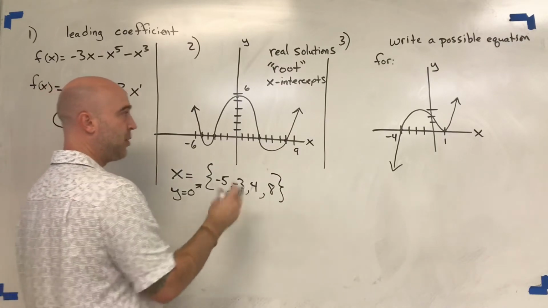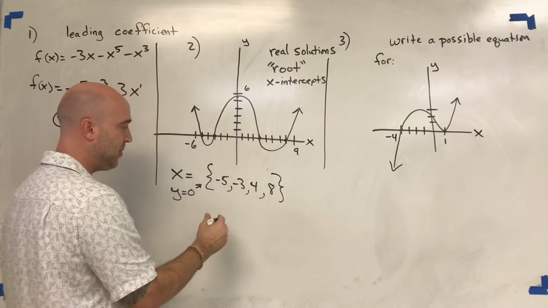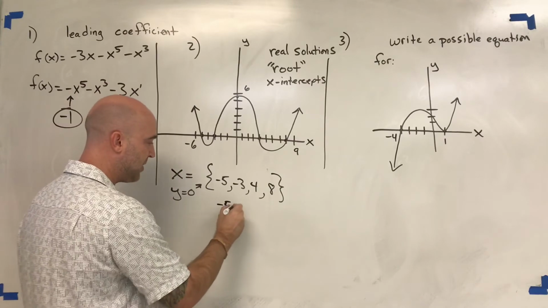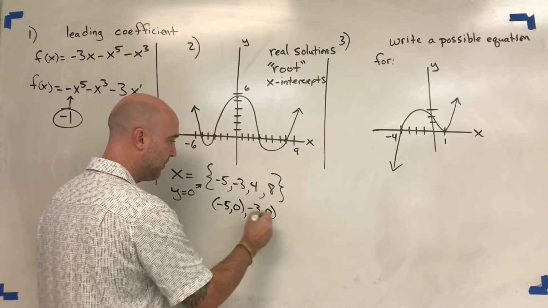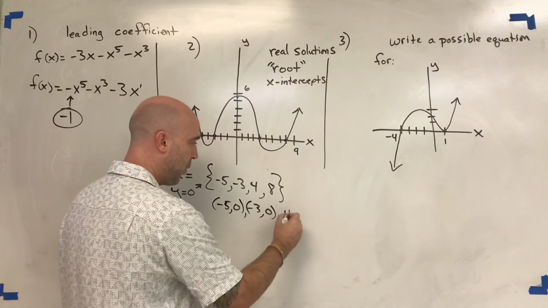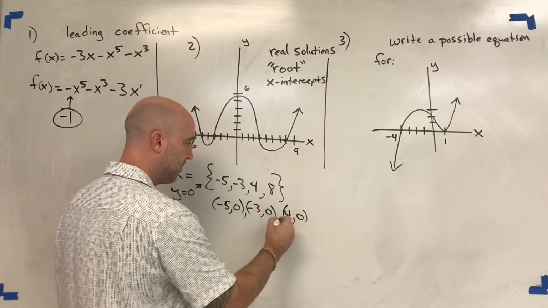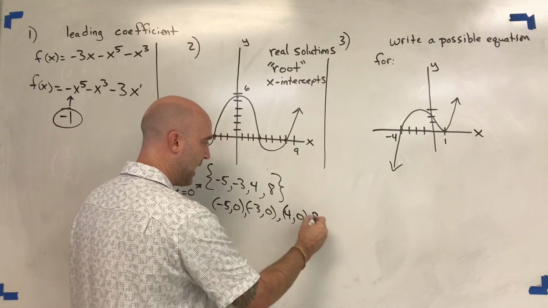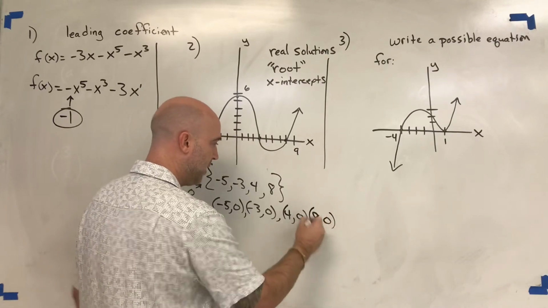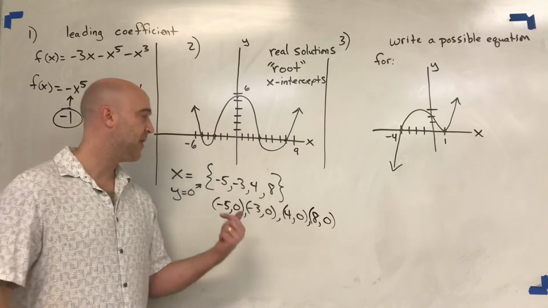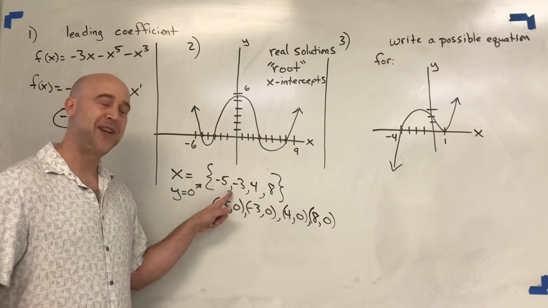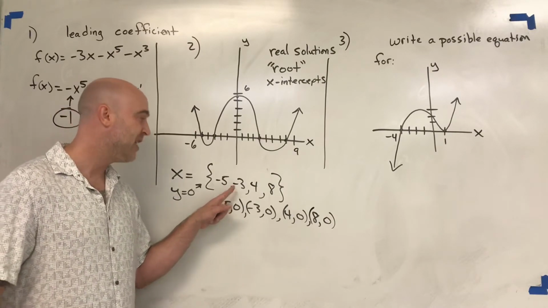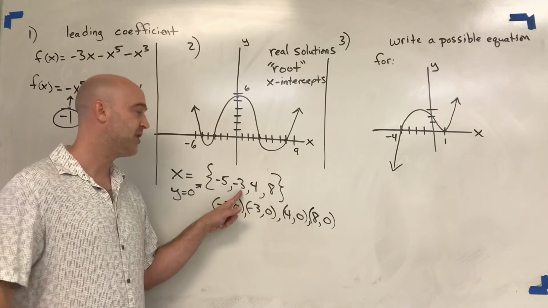So the real answer to me would be (-5, 0), (-3, 0), (4, 0), and (8, 0). Just as a note, in the program that we're using to do this, you have to type the parenthesis in, you have to type the comma in to open up the next cell to write your answer.